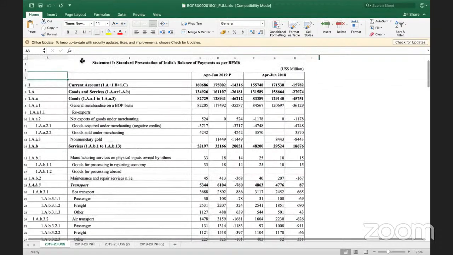See current account, 1A, 1B, 1C. Now goods and services.